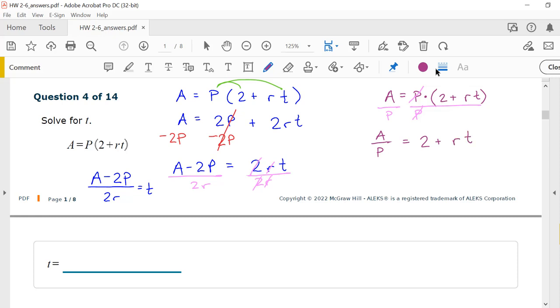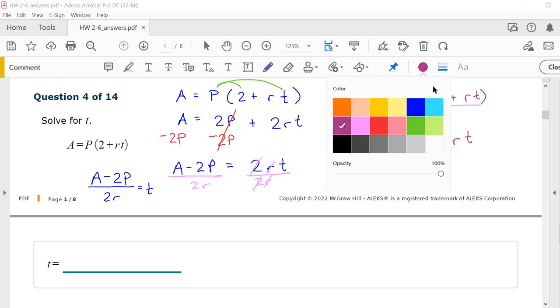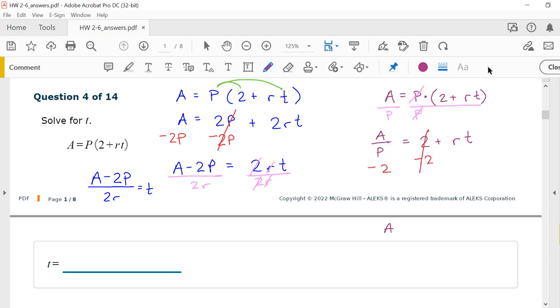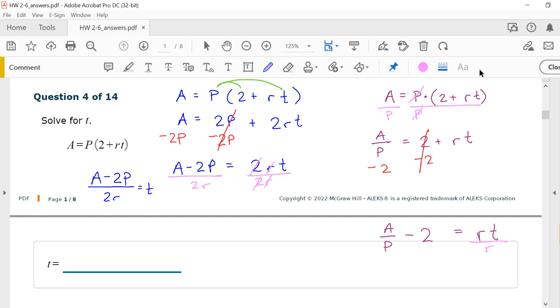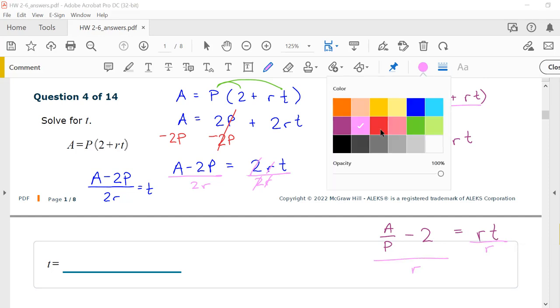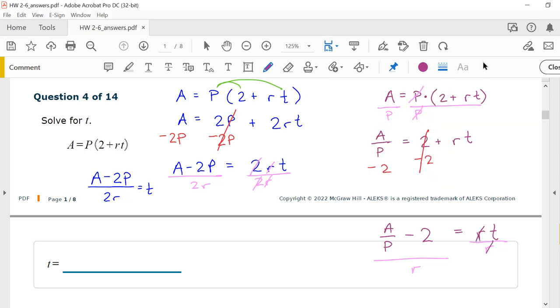Now I subtract 2 from both sides. 2 minus 2 is 0. So I have a over p minus 2 is equal to r times t. One more step. To get the t by itself, I need to divide both sides by r. The r's would cancel on the right, so I'd have a over p minus 2 all over r is equal to t.